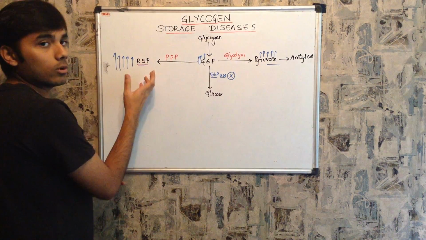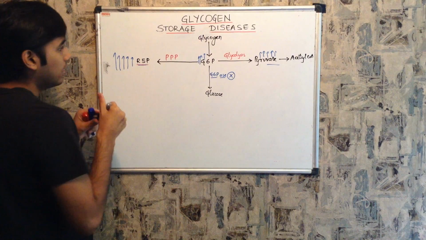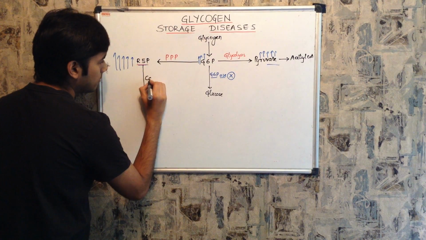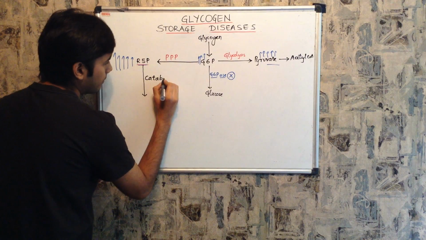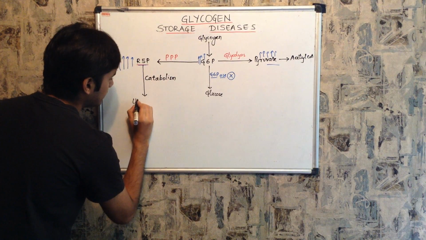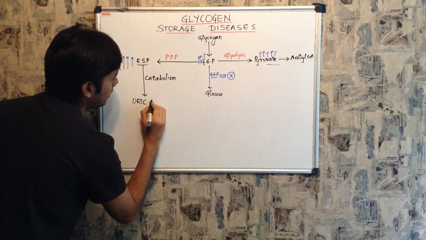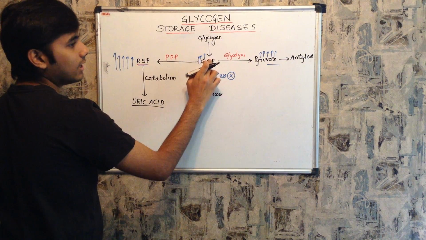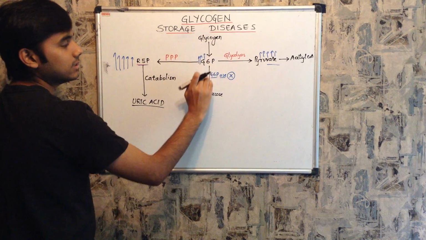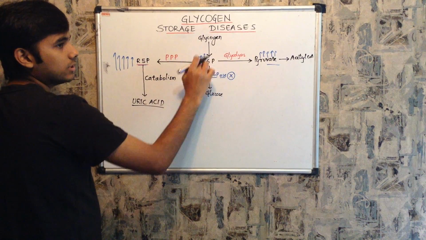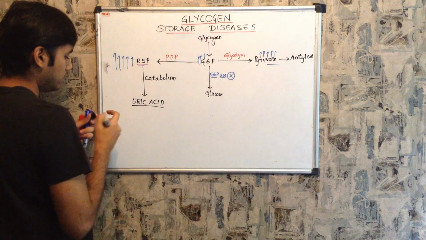When more and more ribose 5 phosphate is formed, it undergoes catabolism and forms uric acid. When more G6P is there, more uric acid is formed. When less G6P, less uric acid. But in this pathology, there is more G6P, so more uric acid is formed.